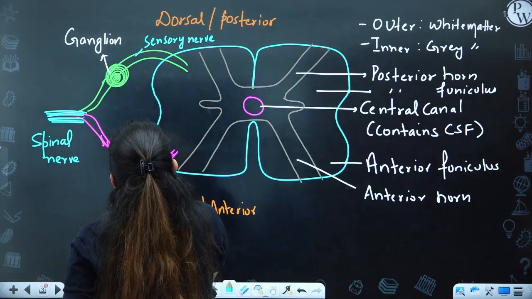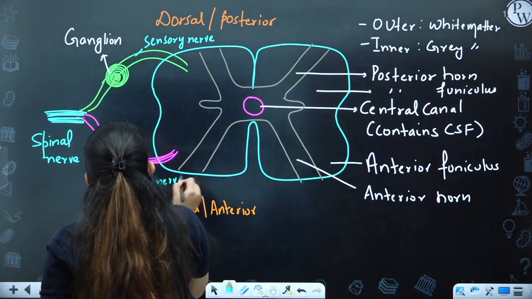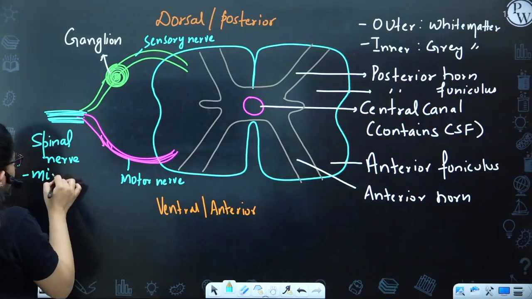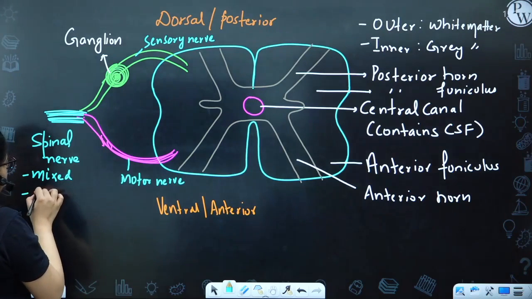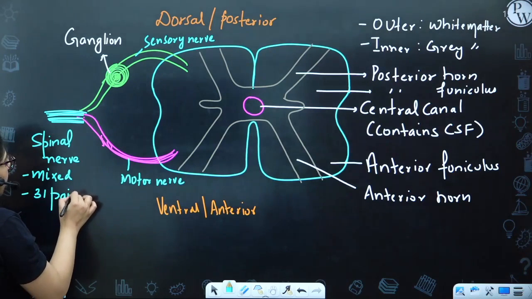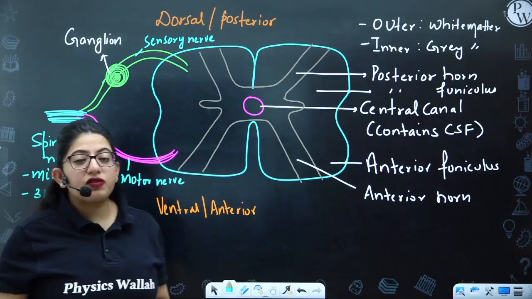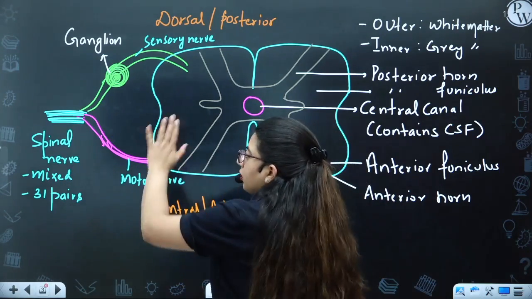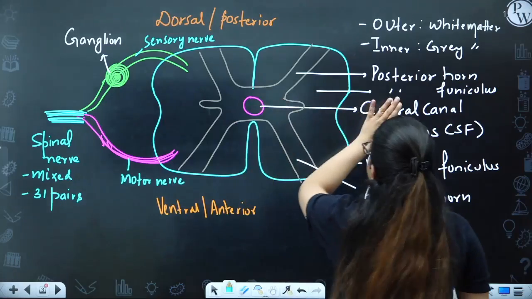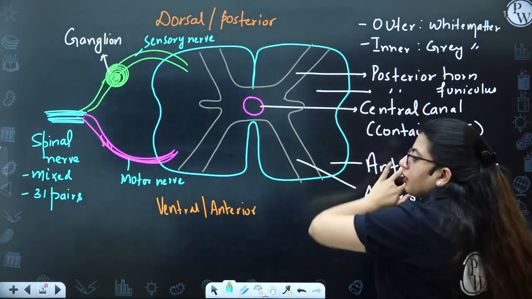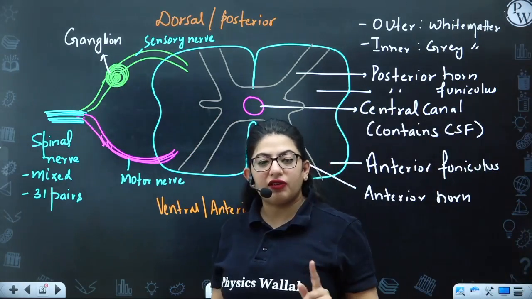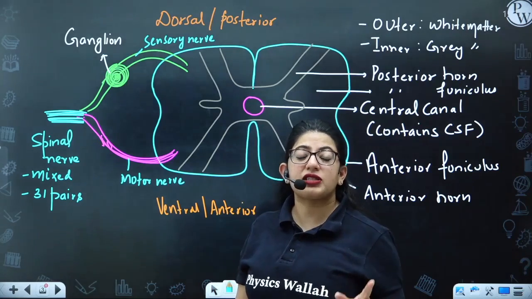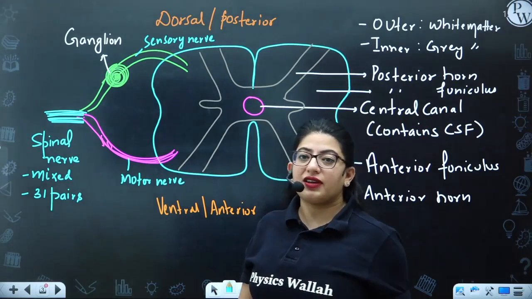So we say that our spinal nerves are mixed in nature, and there are around 31 pairs of spinal nerves in our body. Why pairs? Because the nerves emerge from both sides. So total spinal nerves are 31 pairs and the nature is mixed, meaning they contain both sensory as well as motor neurons.